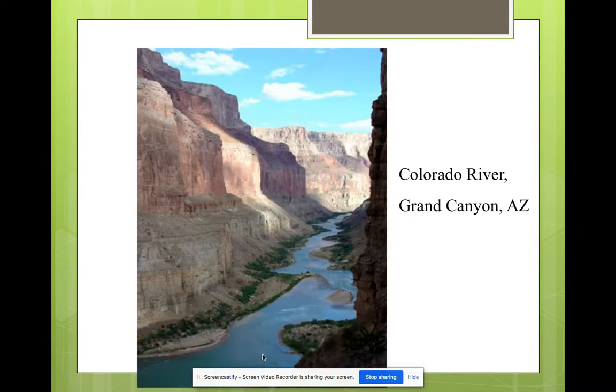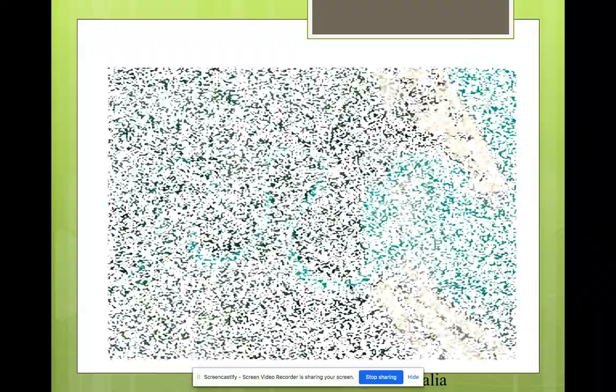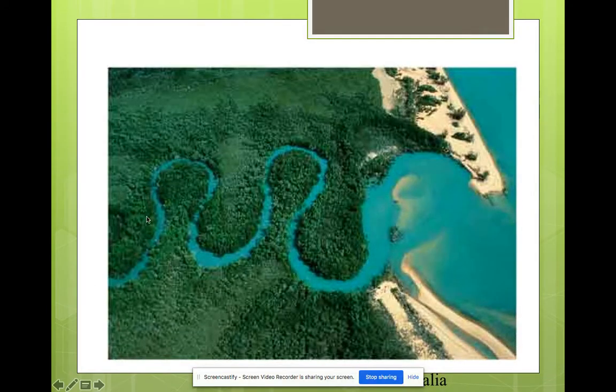Some examples, the Grand Canyon. If you were to guess which stage would you guess? I hope you guessed youth stage, because this is kind of leaving the youth stage of the river, but still in it. Here we have an older age stage.